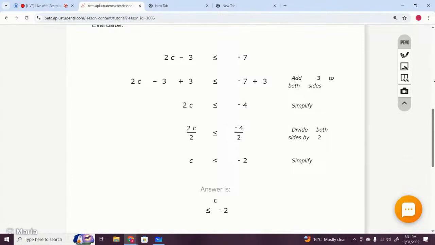Add 3 to both sides, right? So 3 and 3 cancel out, negative 3 plus 3 is 0. Now divide by 2, that is the second step. First step, basically we're undoing all the operations, right? So the first step is adding 3 to both sides. The second step is dividing both sides by 2. So c is less than or equal to negative 2.